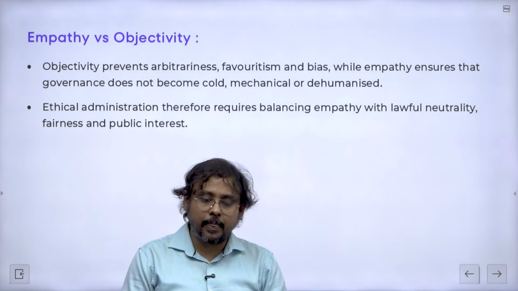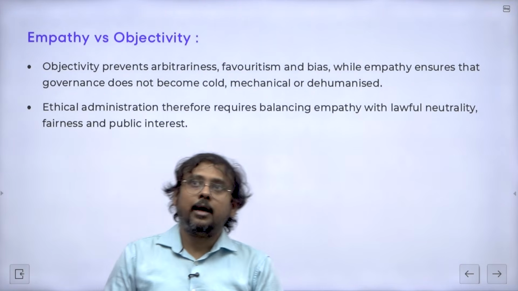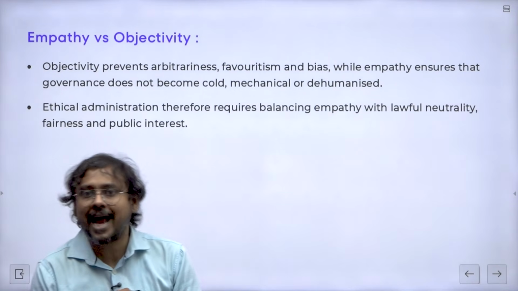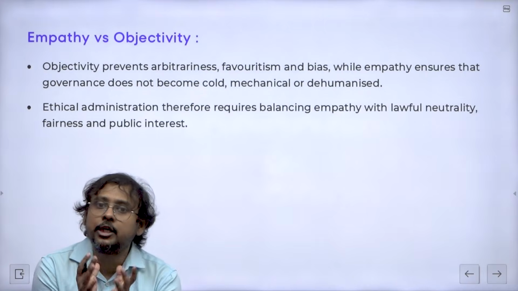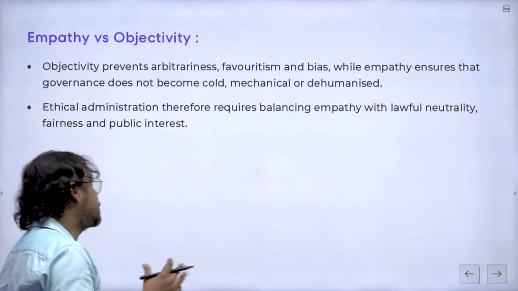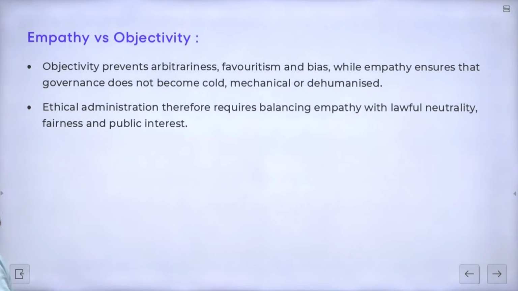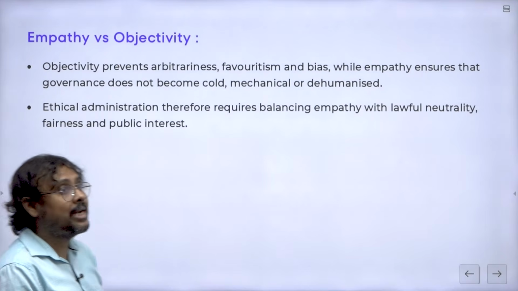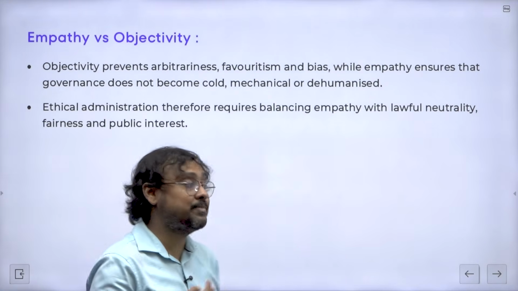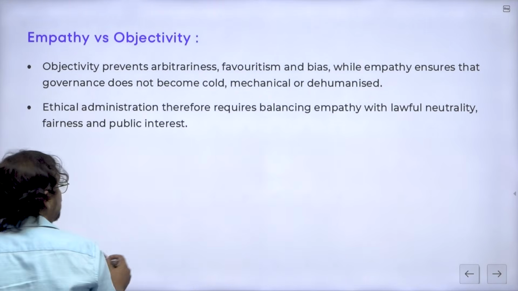But if objectivity is the framework around which the administration stands, the cushion of that particular administration is provided by empathy, right? It provides a balancing act of objectivity. It provides balance to objectivity. So empathy ensures what?